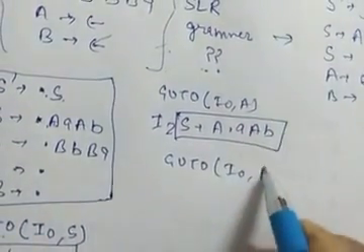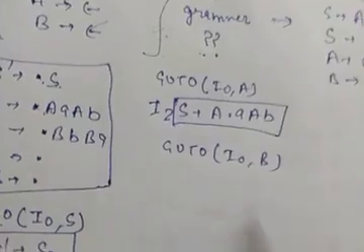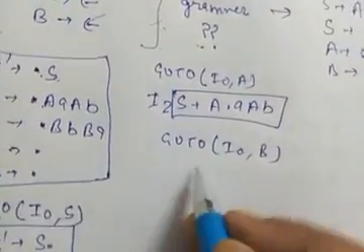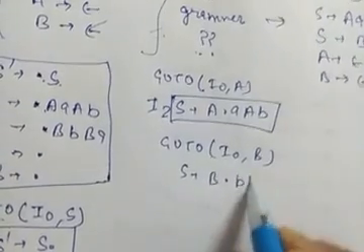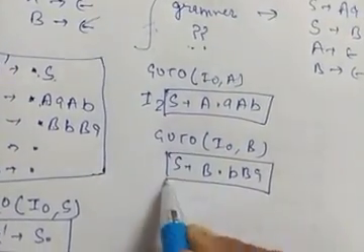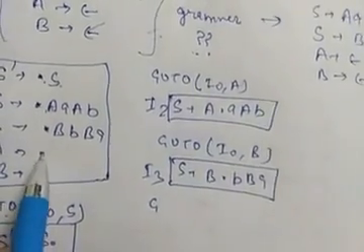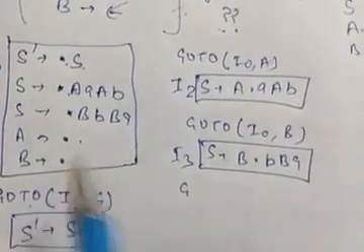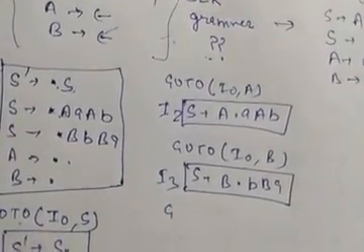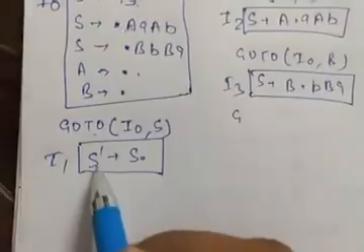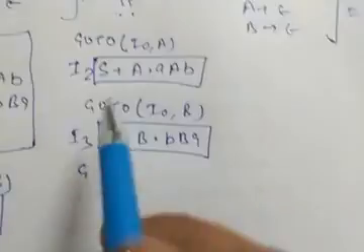Similarly we will find all the elements which come after the dot. Here it is B, so it will be S to B dot B A. This will become I3, and here there is no element after the dot, so we will stop. Now we move to I1. There is no element after the dot, so we will not find any goto.